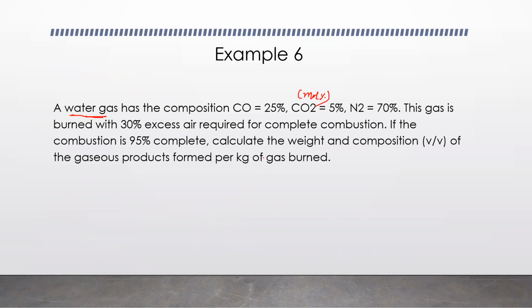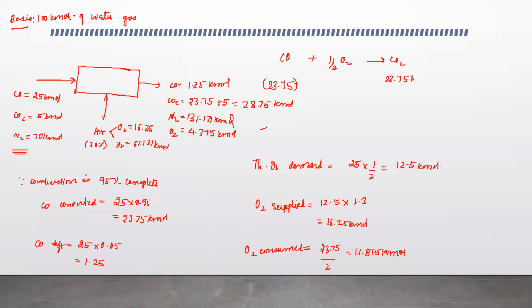Then they have asked us to calculate the weight of the gaseous products per kg of gas burnt. We have taken 100 kilomole of water gas, right? So basically we have to find the weight of flue gas upon the weight of water gas burnt.